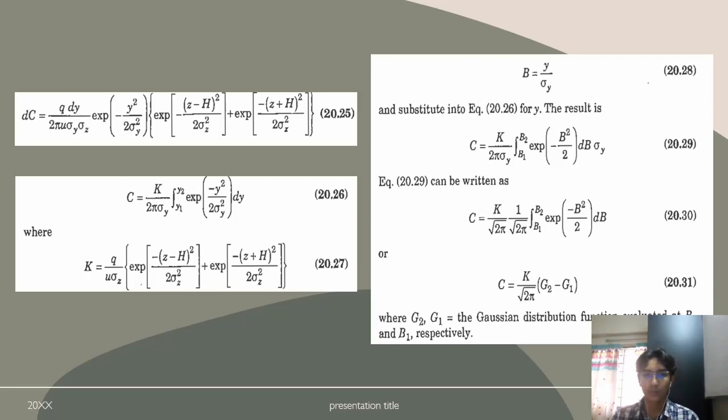Now since sigma y and sigma z are constant with respect to y, equation 20.25 can be integrated over the FLLS and written as equation 20.26, where K can be calculated using equation 20.27.